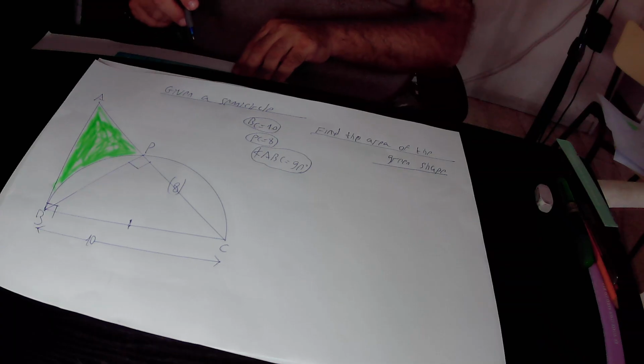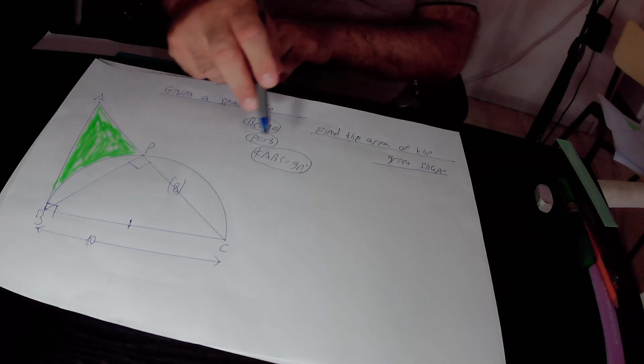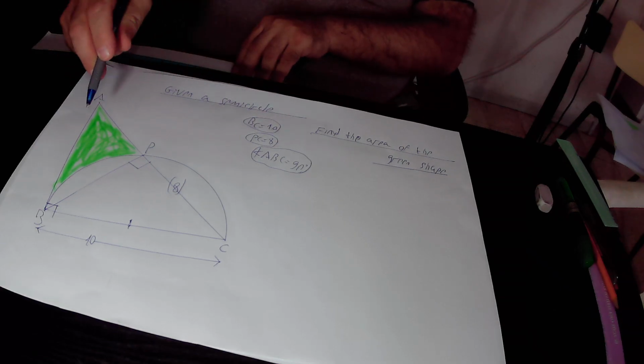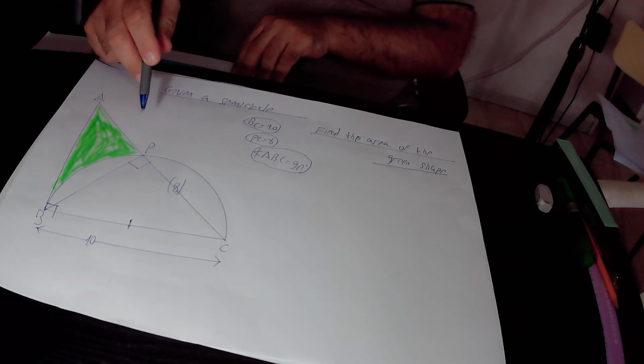The hypotenuse of the right triangle BPC is BC, so the square of the hypotenuse is BC square, and BC square equals BP square plus PC square.